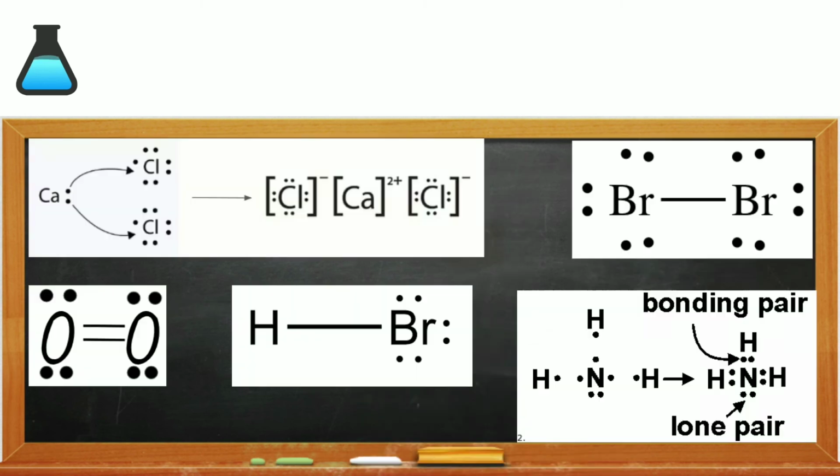Let's practice figuring out if molecules are polar or nonpolar. The first compound we see is the compound for calcium oxide. Looking at the Lewis dot structure, we can notice that calcium oxide is ionic.